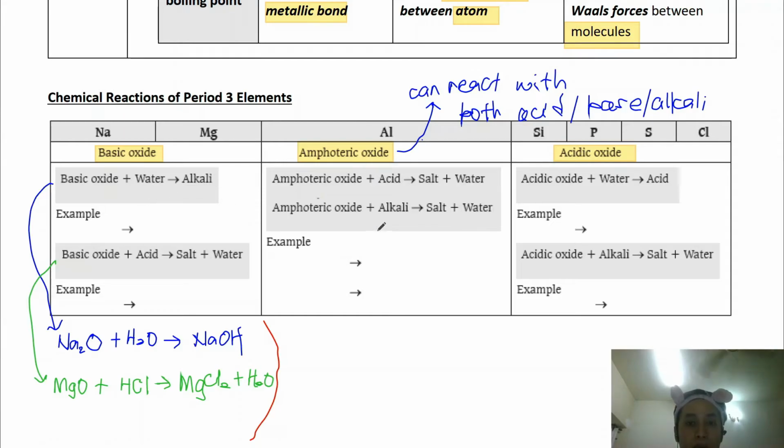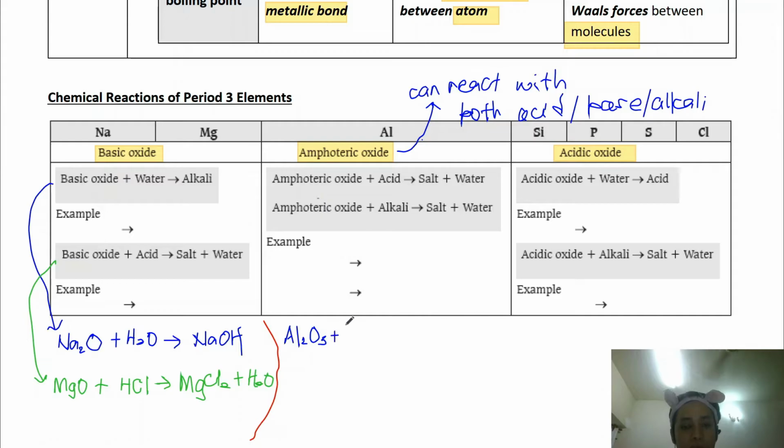Now amphoteric oxide, meaning I can react with acids and alkali. In this example, we only have one, which is aluminium oxide, Al2O3.